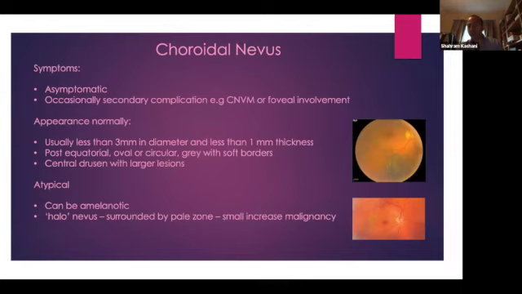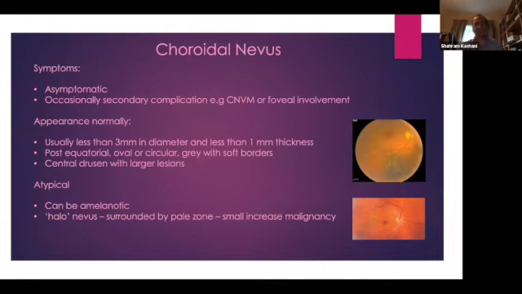And the only way to look at that would be to do an ultrasound. With respect to the size, if you imagine that a disc diameter is 1.5 millimeters, so the width or the height should be 2 disc diameters at most. So if it's bigger than that, again, that should make you concerned.